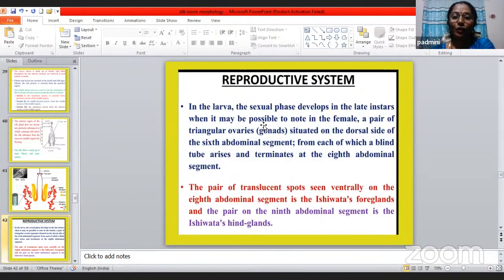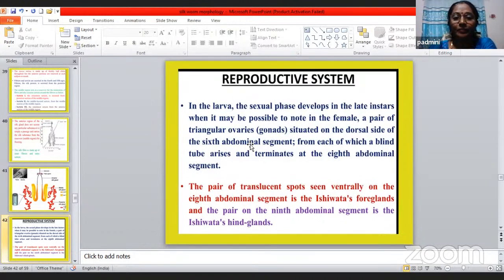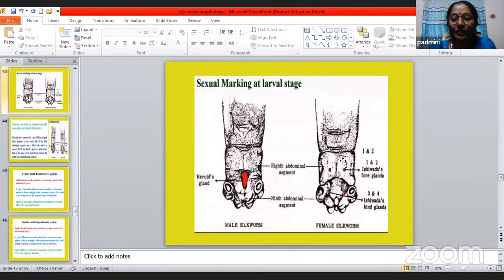When you talk about the larval forms, on the 8th abdominal segment there is one gland called Ishiwata's gland, the fore gland. On the 9th abdominal segment, you have Ishiwata's hind gland.